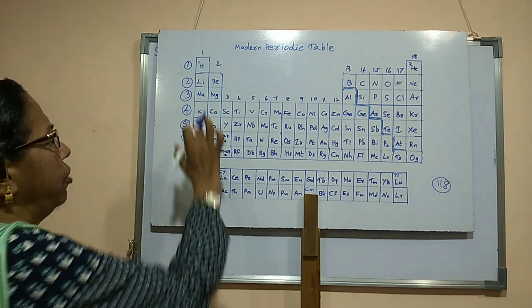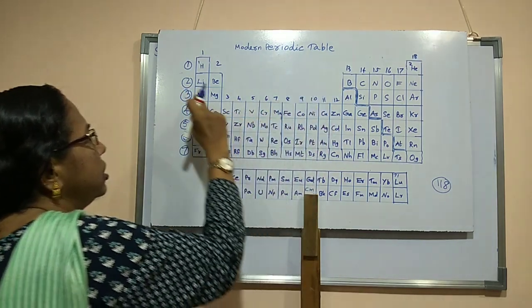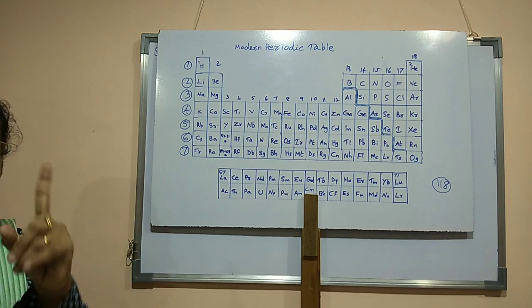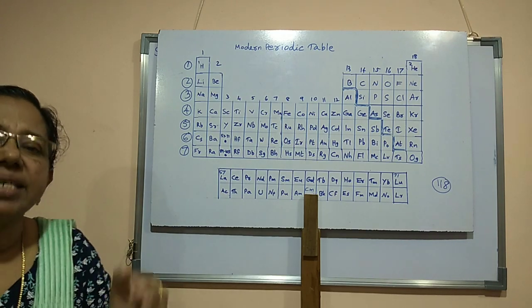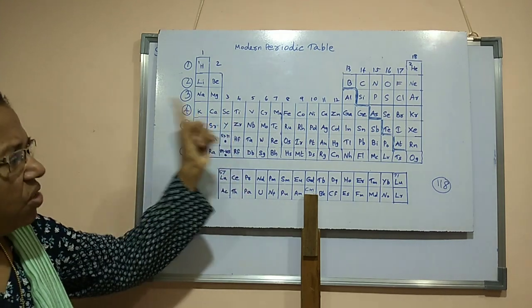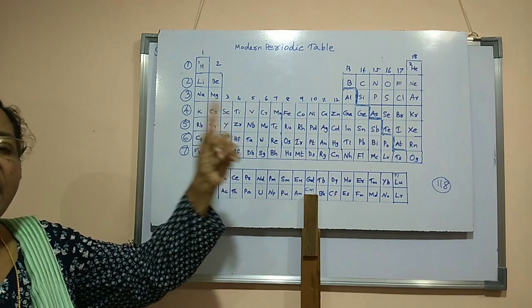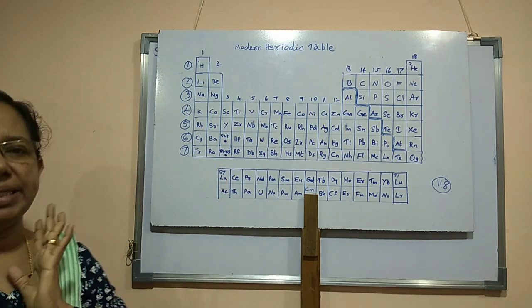Now, sodium is lying in the 3rd period, so its outermost orbit has 1 electron. At the same time, it has 3 orbits. So, depending upon the period where they lie, accordingly, they have that number of orbits.